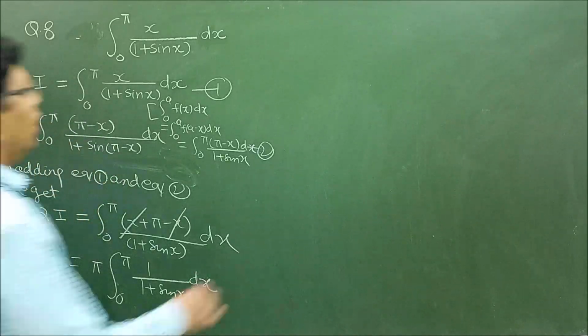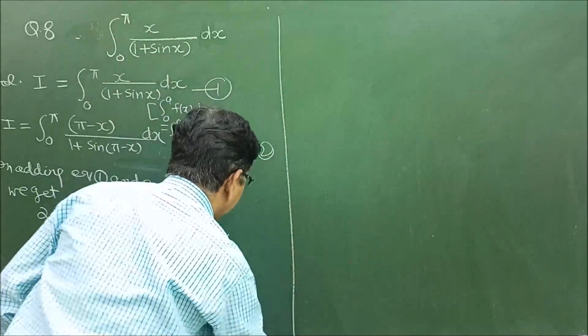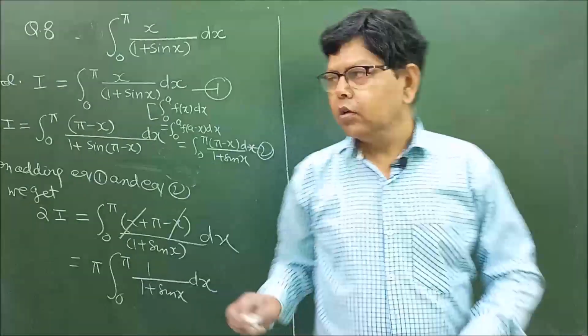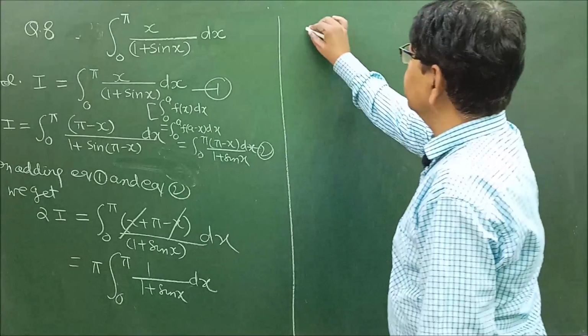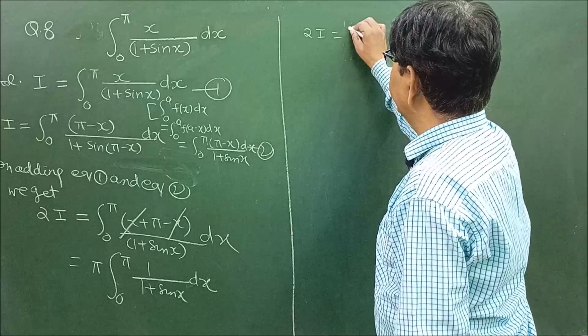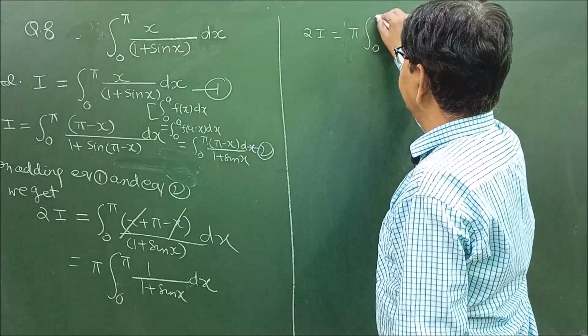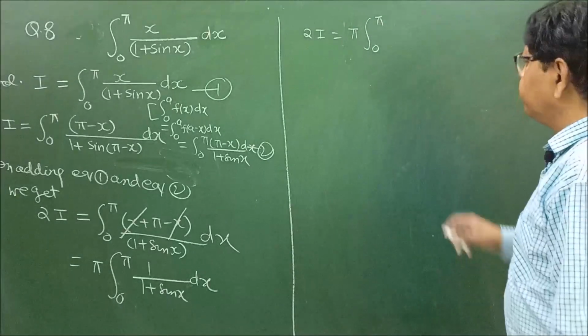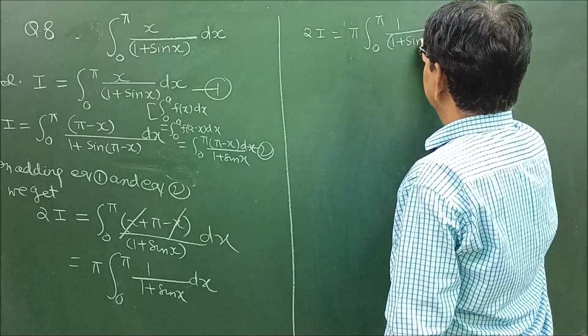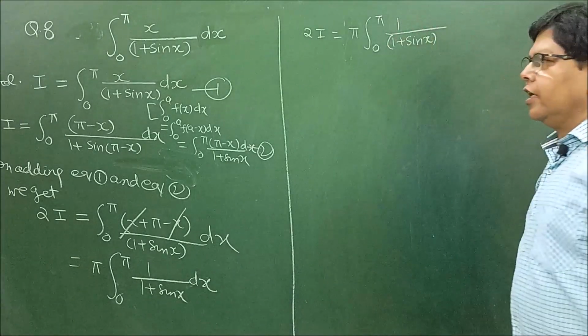Now let us integrate this function within the limits 0 to pi. So 2I is equal to pi outside, 0 to pi, and then 1 upon 1 plus sin x.